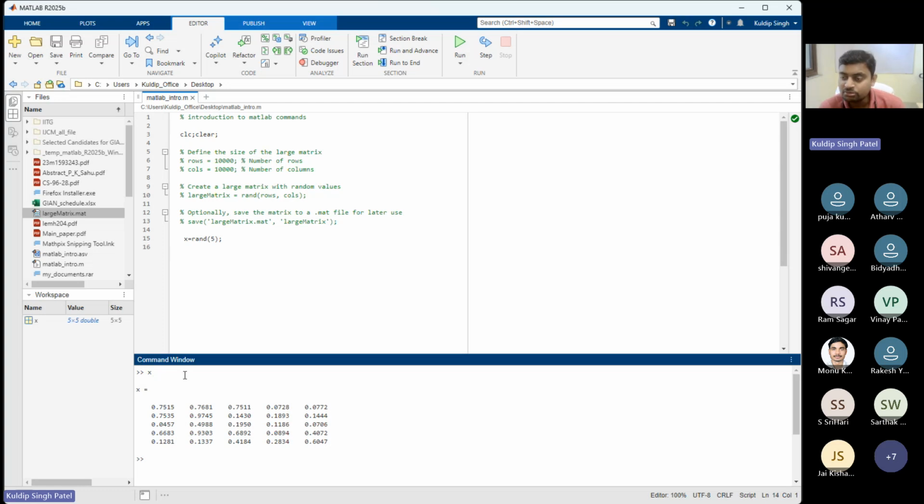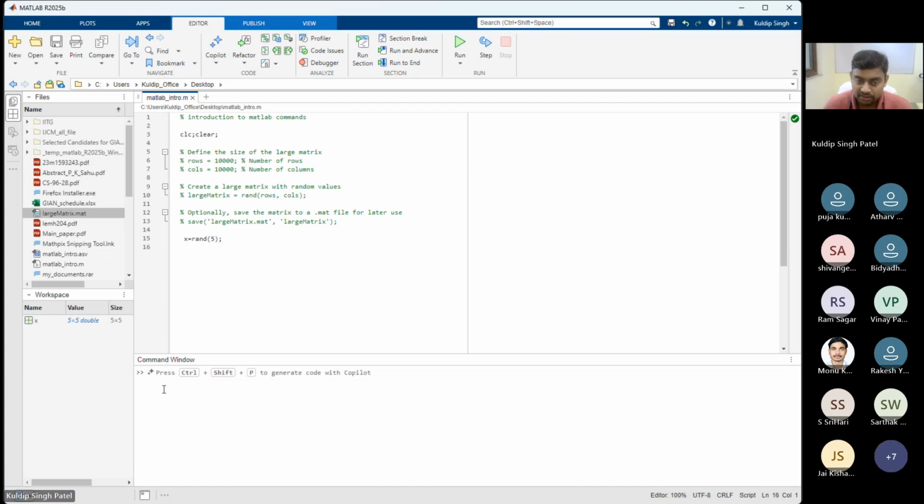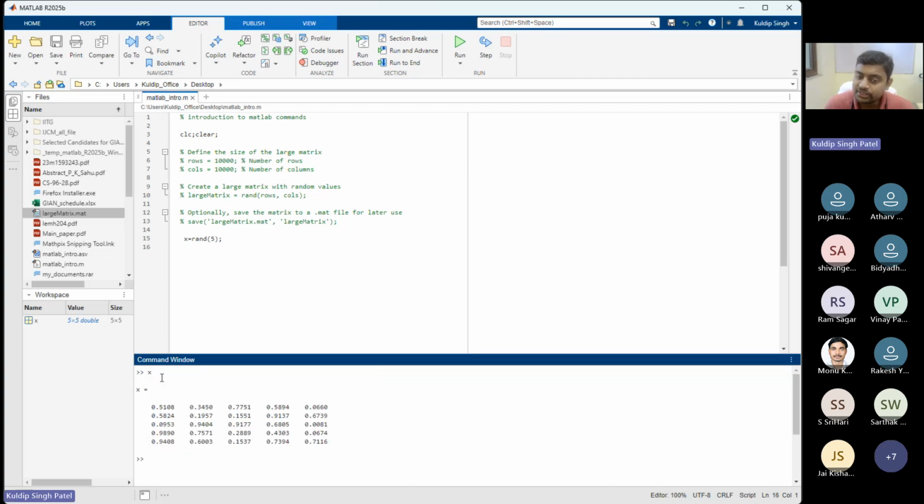They follow uniform distribution. I'll not go into that because most of you might not have done any course on probability theory, or you might have done, I'm not sure. But what we realize is that again the number is changed. Again we'll run, then we'll print X. Again the number is changed. So yes, it is giving you that.